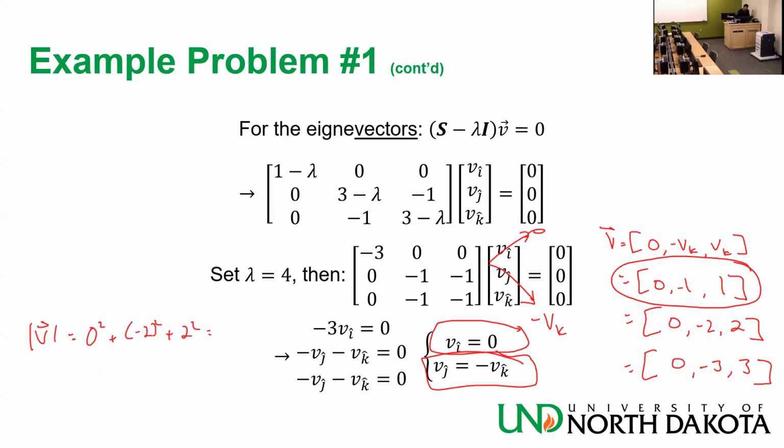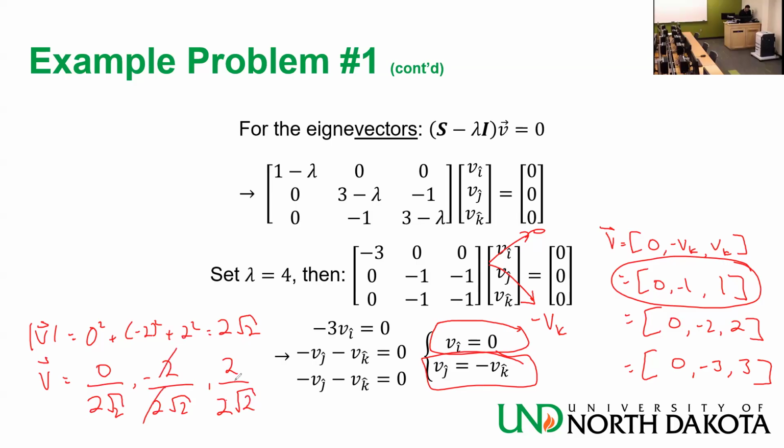Square root of 8 is what? Square root of 4 times square root of 2. So 2 square root of 2, right? If I'm not mistaken. So now the unit vector of v would be 0 divided by 2 square root of 2, minus 2 divided by 2 square root of 2, comma 2 divided by 2 square root of 2.